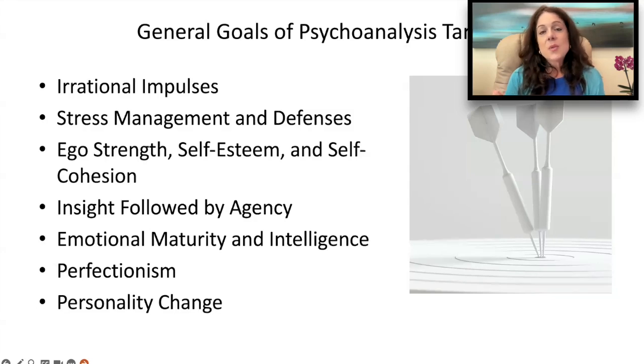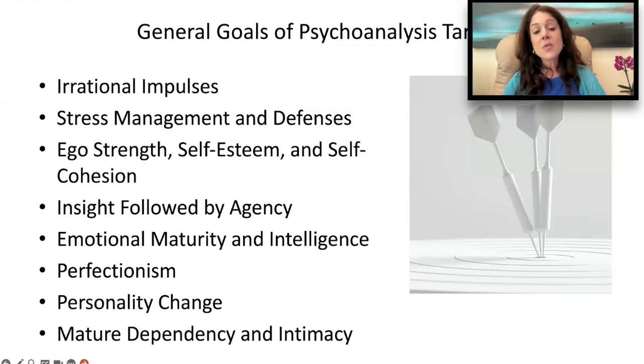So these are some of the typical goals of these theories, along with mature dependency and intimacy. So learning how to have emotionally secure relationships is critical, both with romantic partners as well as with children, of course.